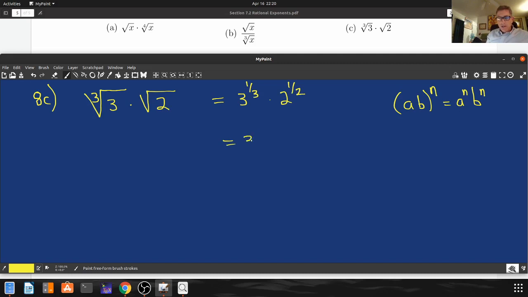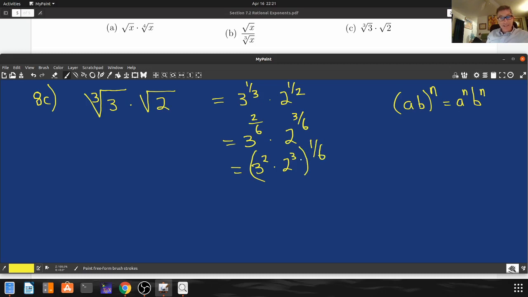So I'm going to convert 3 to 2/6, and this is going to be 2 times 3, 6, which is equal to 3 squared times 2 to the 3rd raised to 1/6.